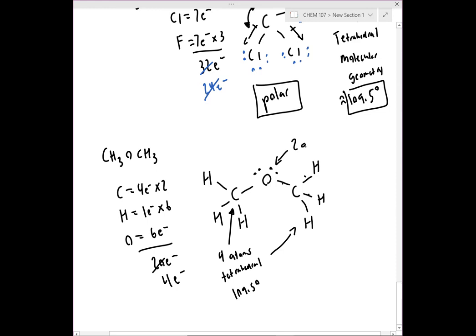What about the oxygen with 2 atoms and 2 lone pairs? What do we call that geometry? Tetrahedral bent. Bent. So you just say bent. And what bond angle does a bent geometry have?